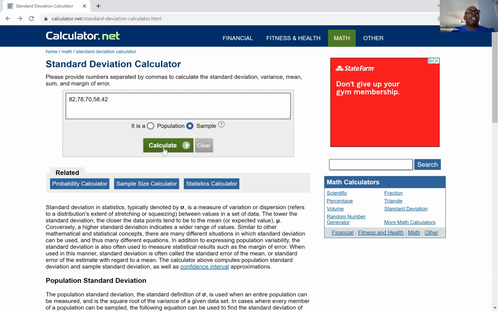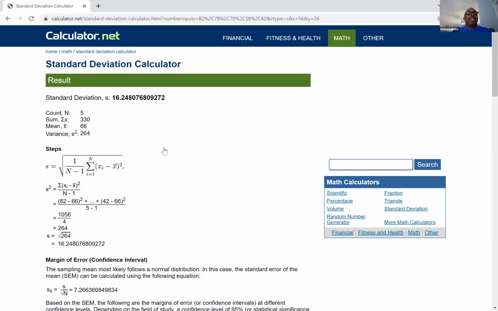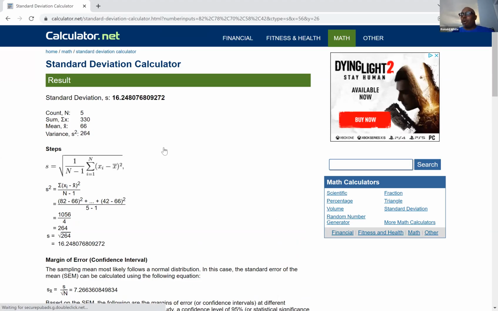All right, now let's try it again. That's right, 16.2. So Charles' mean score was 66, and Charles had a standard deviation of 16.2. And you also see the variance S squared as 264.